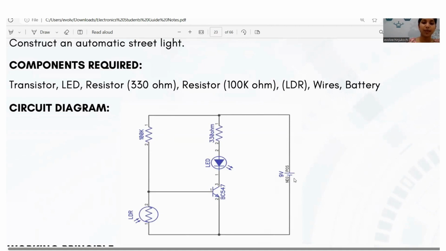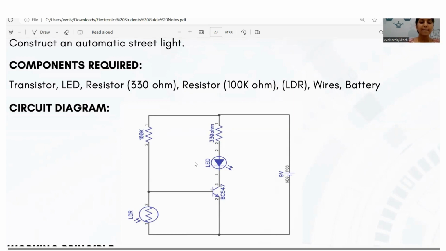A 9-volt battery is connected, with the negative side connected to the emitter, and the positive side connected to the two resistors. Okay, so this is the circuit diagram which I am going to use in this automatic street light system. Now I'll explain the working of the system, and after that we can simulate the circuit in a simple software called Tinkercad and see the output.